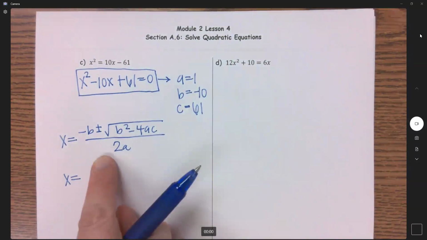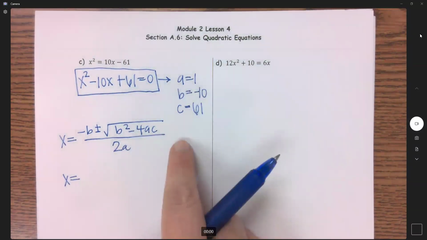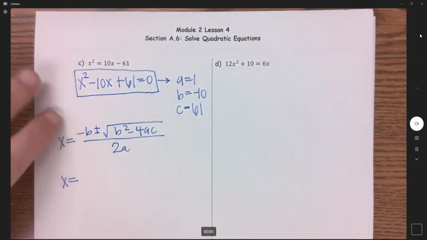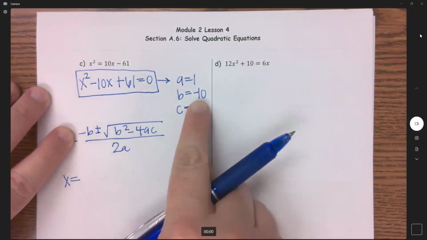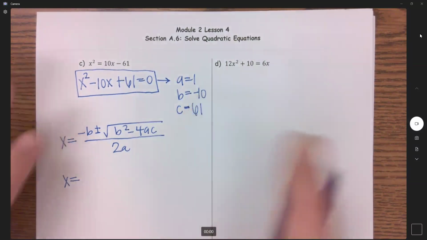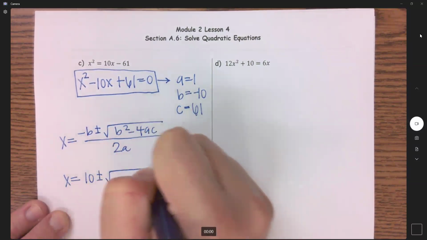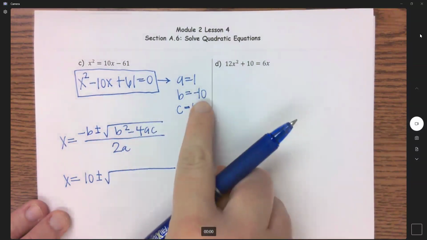Okay, I now have my formula and I know what all of my variables equal. So now this is just substitution. Negative b, if I have negative 10, that's a positive 10, plus or minus the square root of b squared.